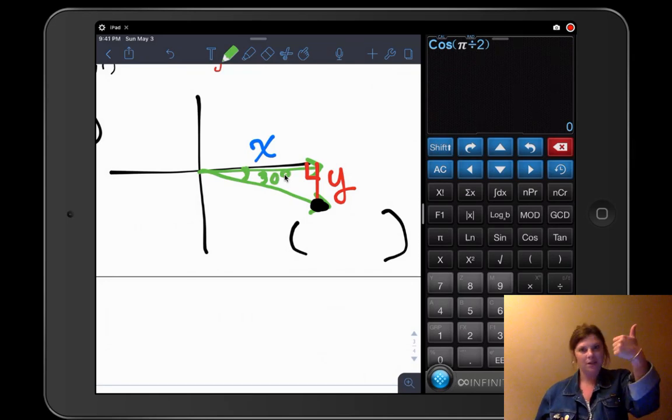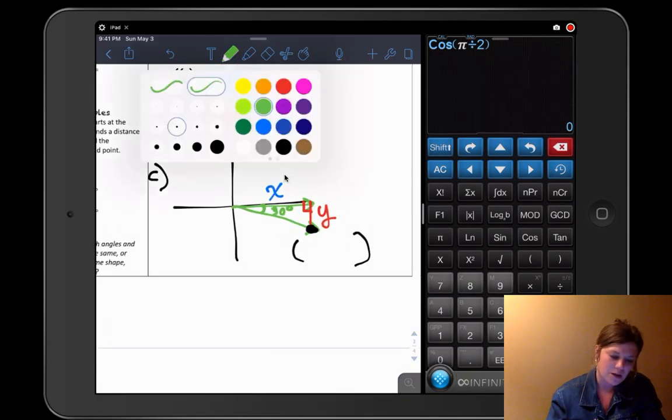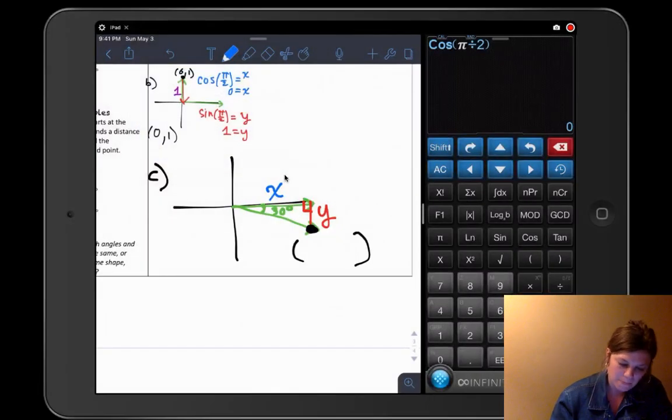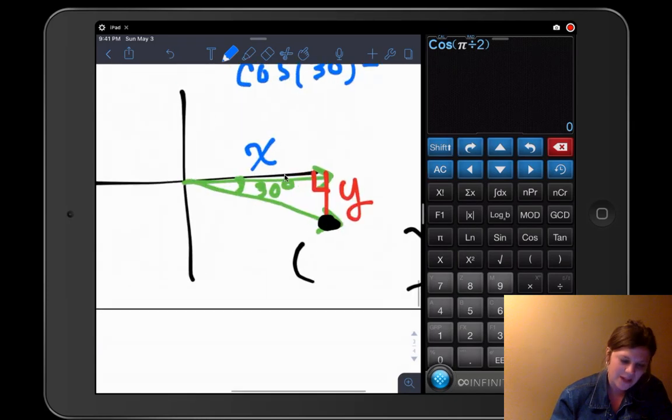It's going to be 30 to get back up. So now we can do our math, and I want to show you something really cool. Cosine of 30 is equal to, what was our distance? Our distance was 0.5.